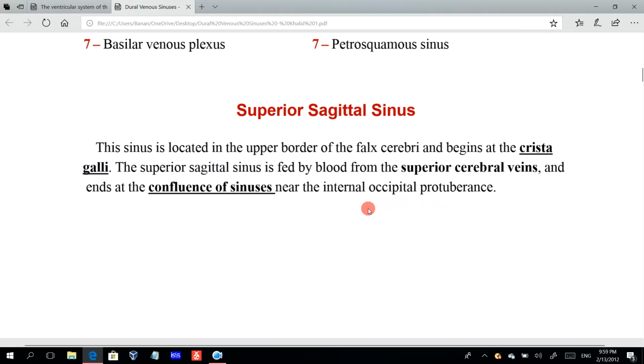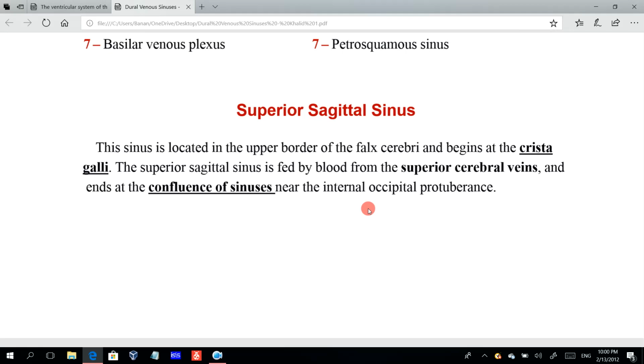You know, we have an external occipital protuberance when we study the skull bone. This is from outside of the occipital bone. From inside, just opposite to the external, we have an internal occipital protuberance.